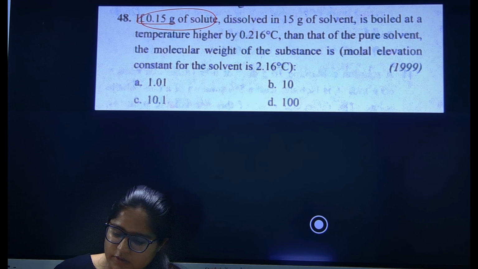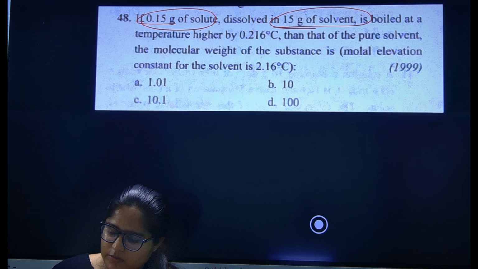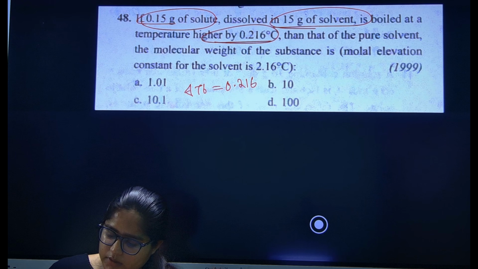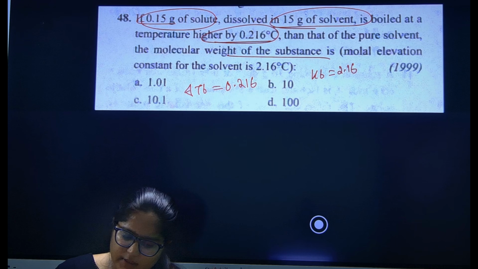Next, question number 48. A 0.15 gram mass of solute is given, mass of solvent is given, and it is boiled at a temperature higher by 0.216. So delta TB, the elevation, is 0.216 than that of pure solvent. We need the molecular weight of the substance, and Kb 2.16 is given. Let us calculate.